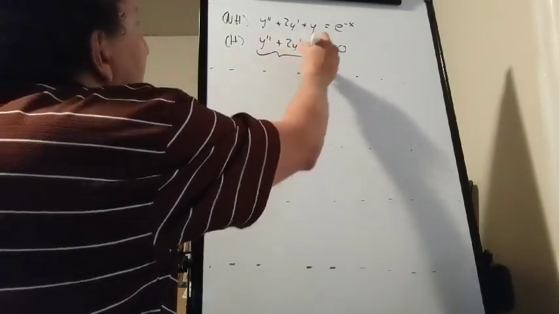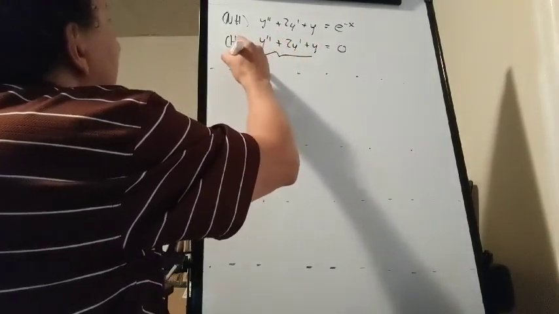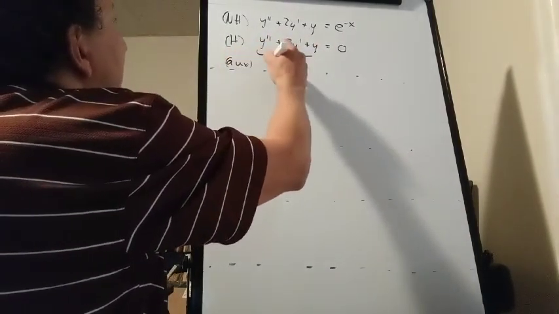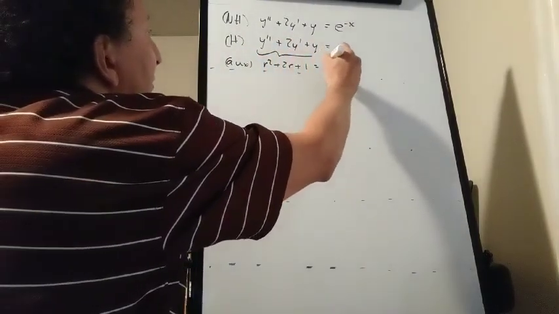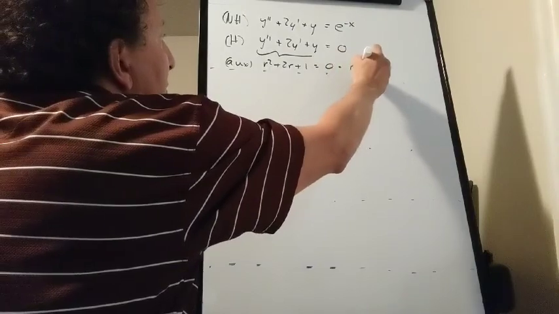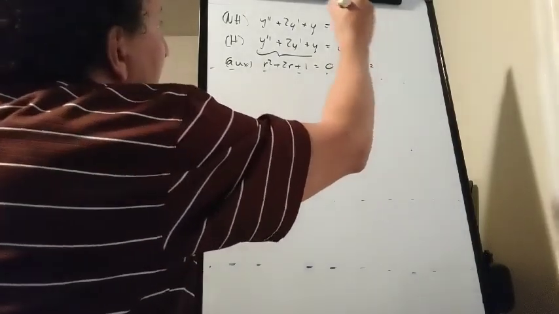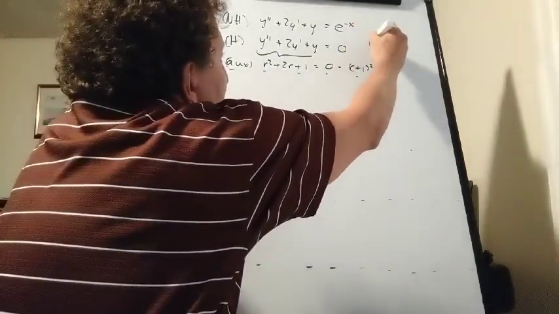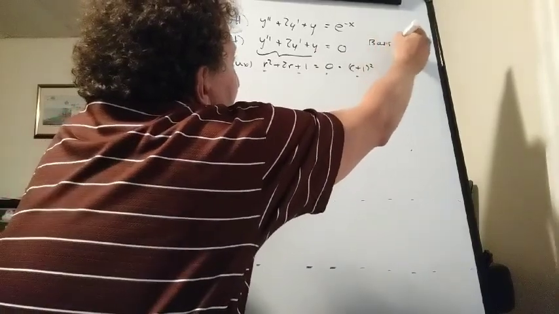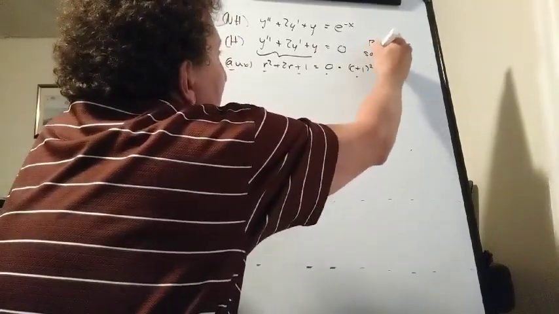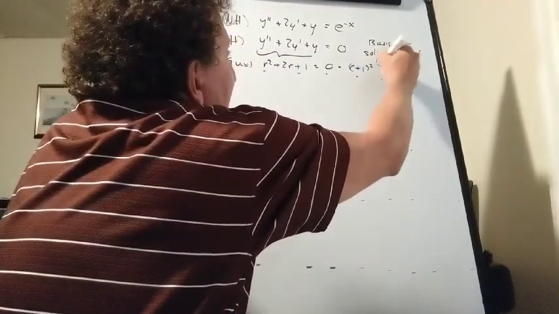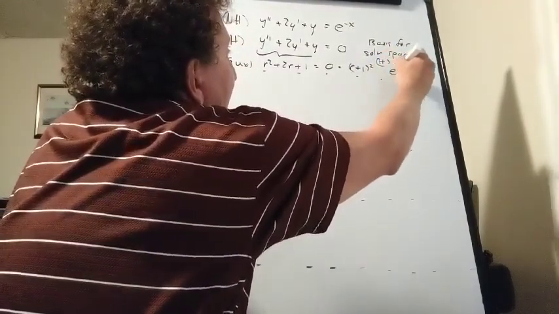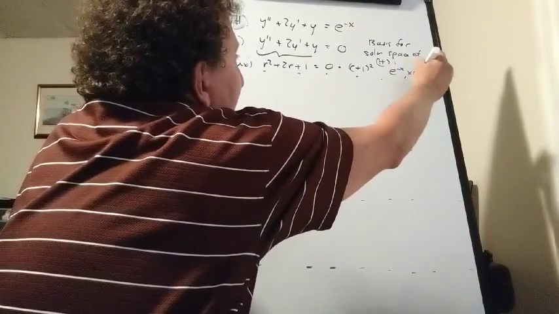And the auxiliary equation is r squared plus 2r plus 1 equals 0, which is r plus 1 squared. So our basis for the solution space of H is e to the negative x and x e to the negative x.